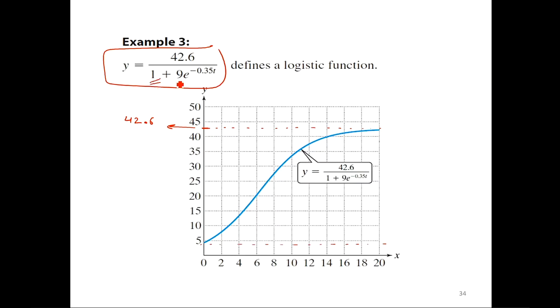We have 1 plus 9 because when x equals 0, we have e to the power 0, which is 1. So we divide by 10, and the minimum is 4.26, because it is 42.6 over 10.